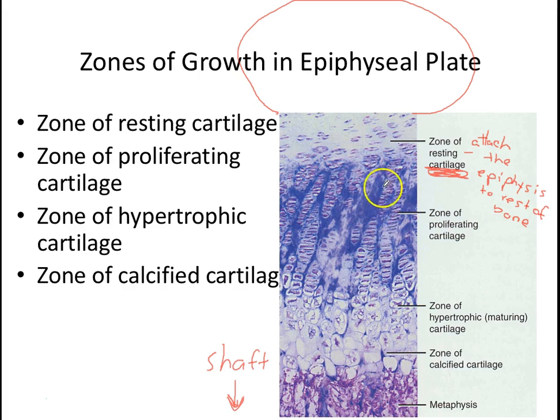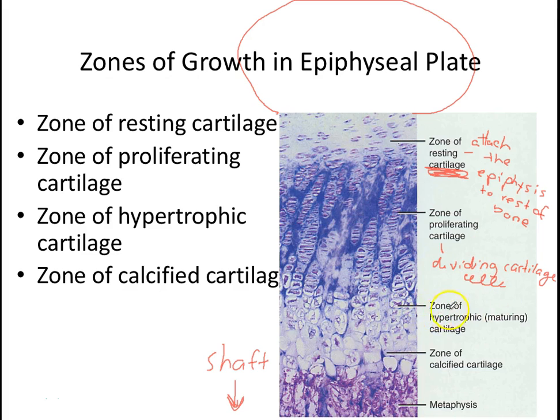Underneath that, we have the zone of proliferating cartilage, and as its name implies, it is proliferating, meaning it is dividing. So this is the area of dividing cartilage cells. Okay.